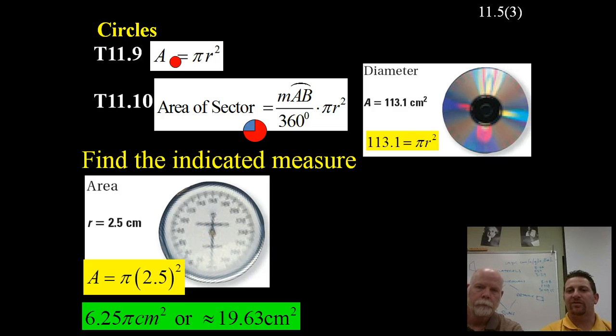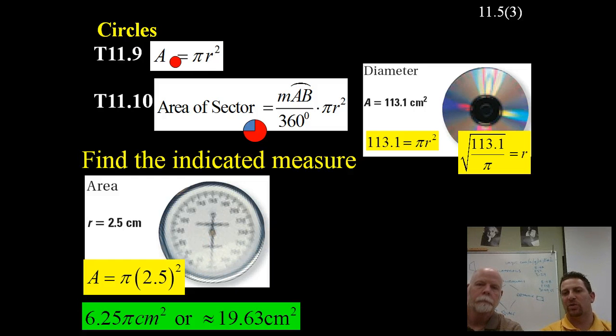And then you're going to have to divide by pi and then take the square root. So I just go the square root of, in parentheses, 113.1 divided by pi, and then close those parentheses, hit enter, and you'll get roughly 6 centimeters for the radius.